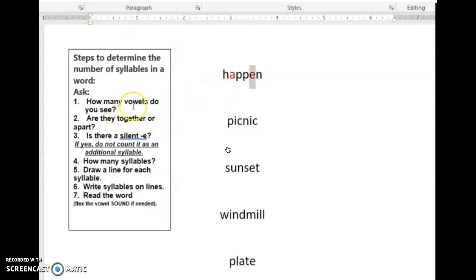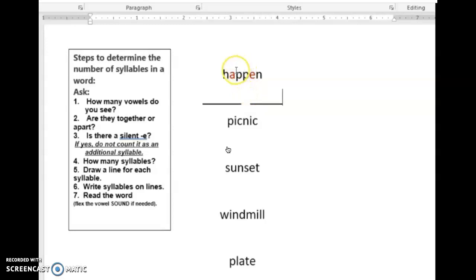So we can say we have two. We then ask the next question, are they together or apart? And they are apart. We do not have a silent E in the first word, so we can determine that there are two syllables. And so we would ask students to draw the lines for the two syllables.